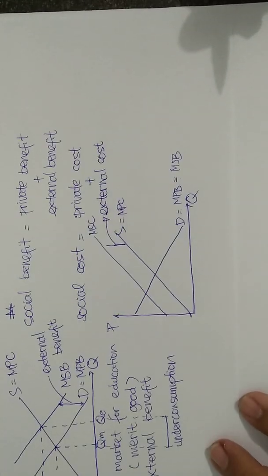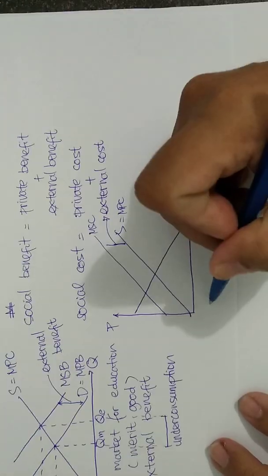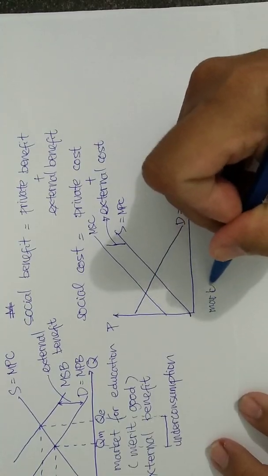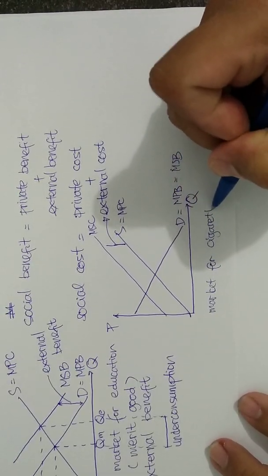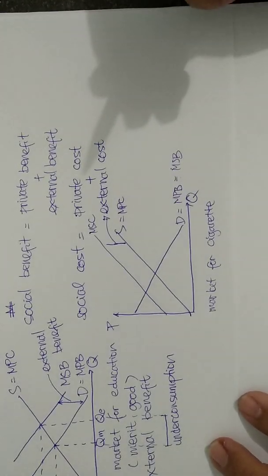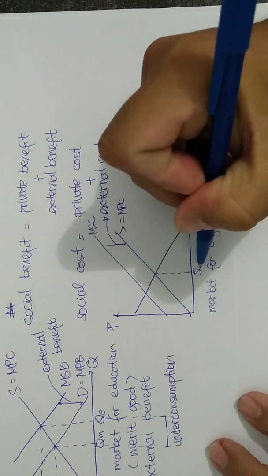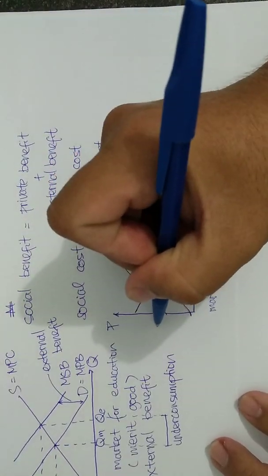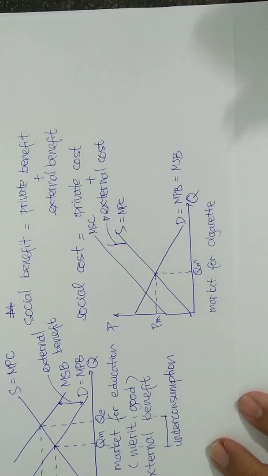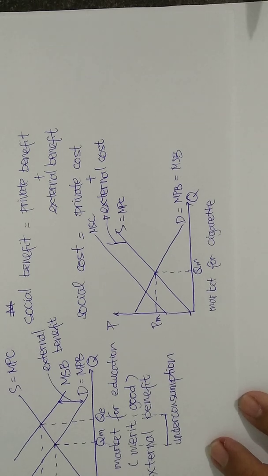All right. Now, if you let the market decide the price for cigarette, the market for cigarette, if you let the market decide the quantity and the price, those will be the price and the quantity in the market.